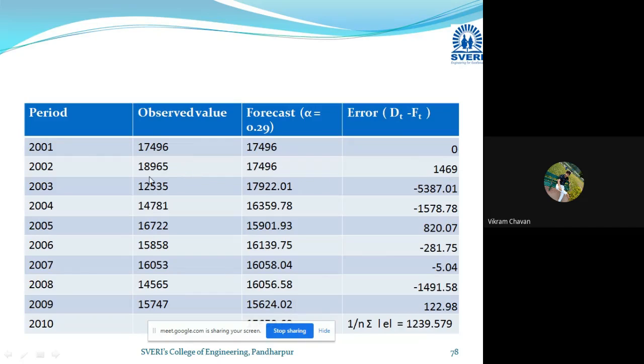So D suffix t minus 1 we consider as 18,965 and F suffix t minus 1 as 17,496. And we have to calculate F of t for the year 2003.